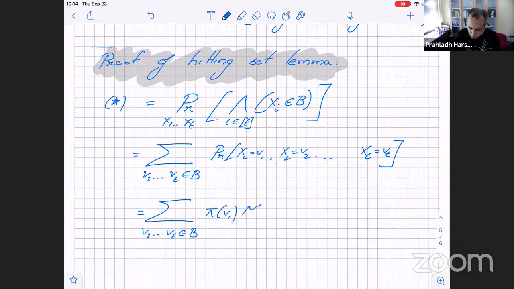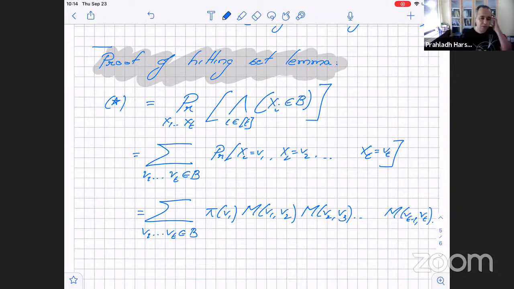That's exactly the probability M(v1, v2). Now from v2, you need to move to v3, so it's M(v2, v3), and so on all the way up to M(v_{t-1}, vt).